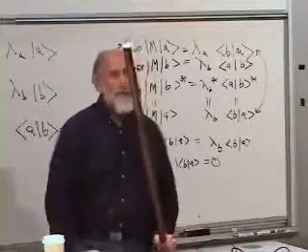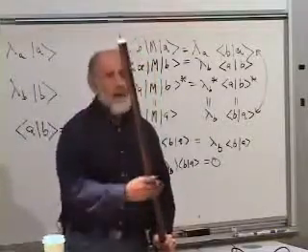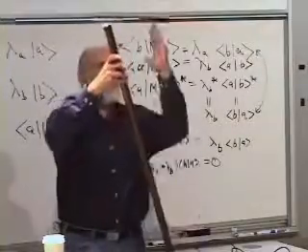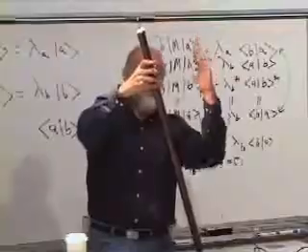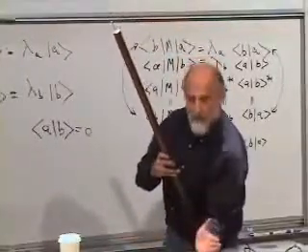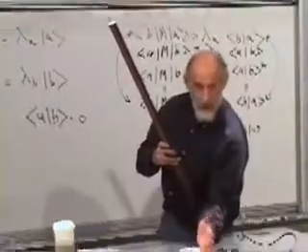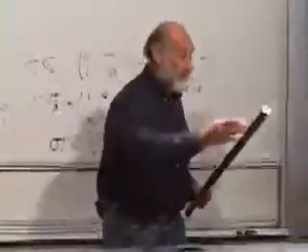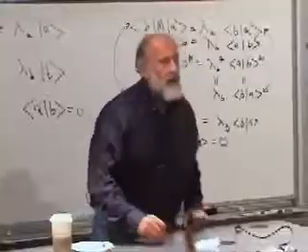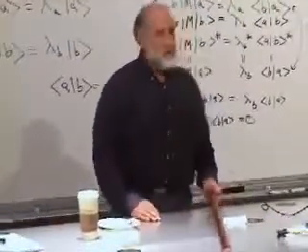As such, it has components. It has components in the vertical axis. For example, this vector has a component over here in the vertical direction. It has a component in the horizontal direction over here and a component over here in the other horizontal direction. And those components characterize the pointer. They are measurable quantities for a magnet.